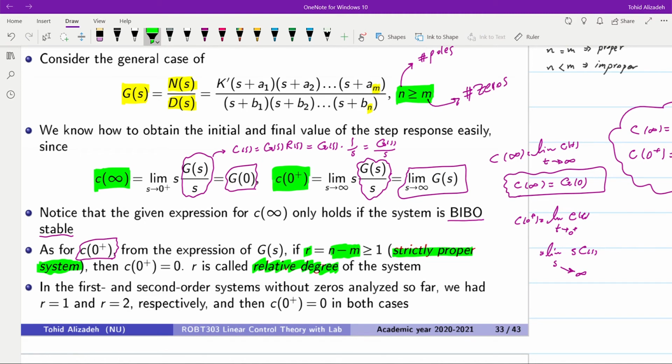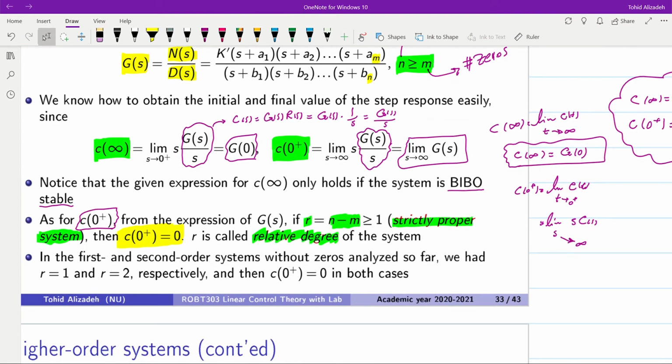In any case, if we have a strictly proper system, then the initial value of the response will be equal to 0. And that's what we had for the first order and second order systems without any zero in the previous lecture.